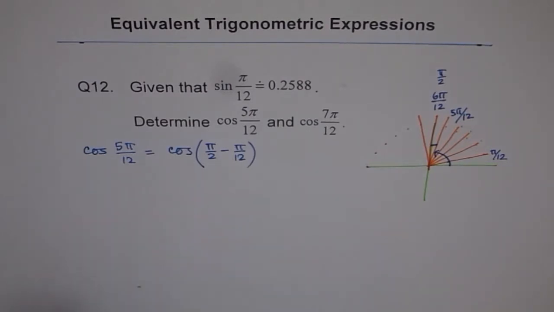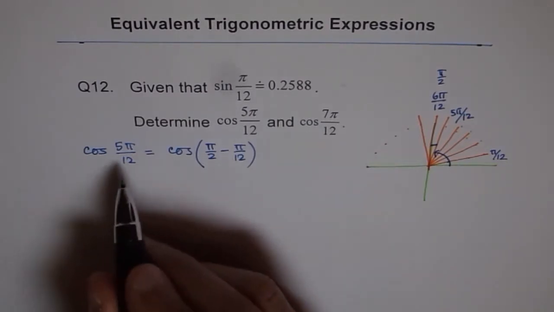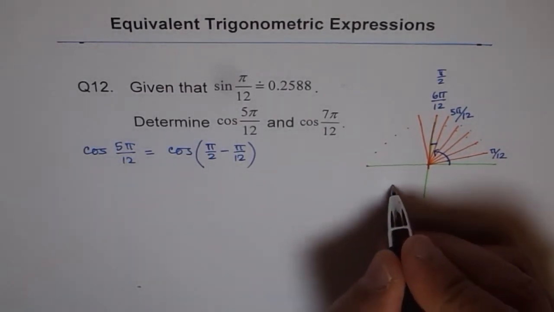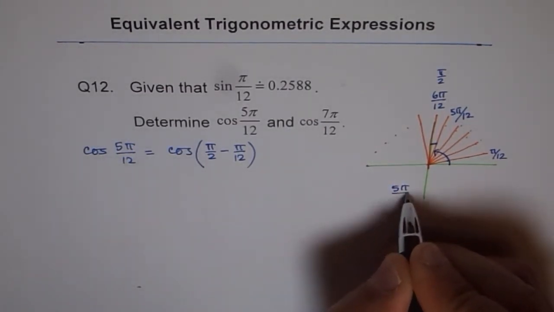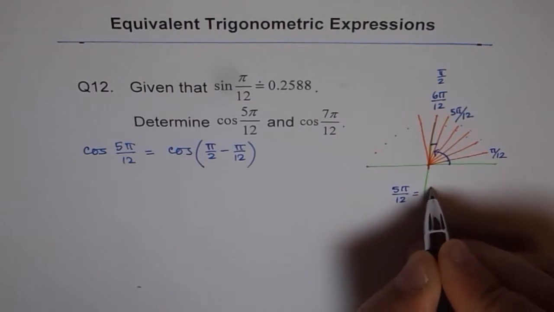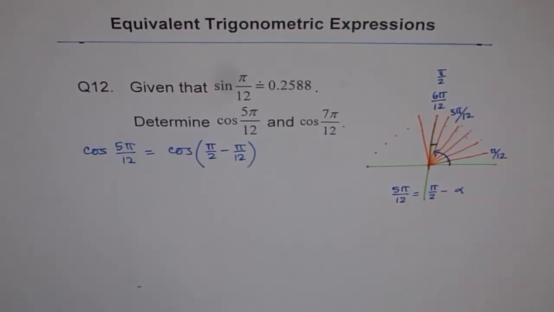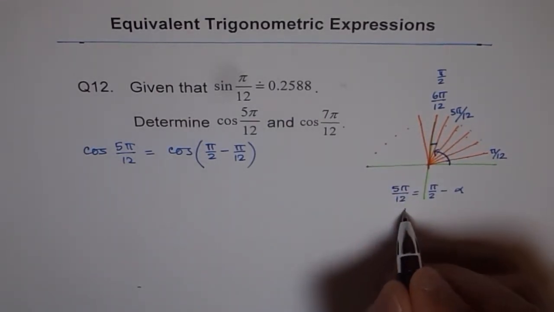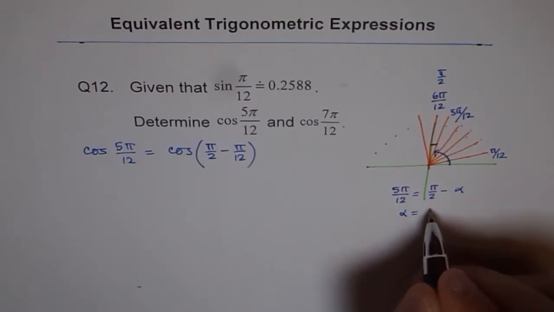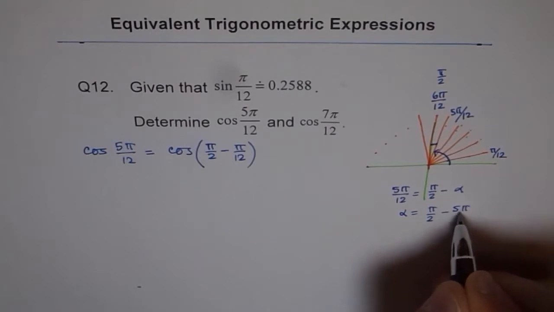You could have done it algebraically also. How will you do it algebraically? You write 5 pi by 12 is equal to pi by 2 minus some angle which you don't know, which you want to find. Because you didn't draw this, you don't know. So alpha is equal to pi by 2 minus 5 pi by 12.